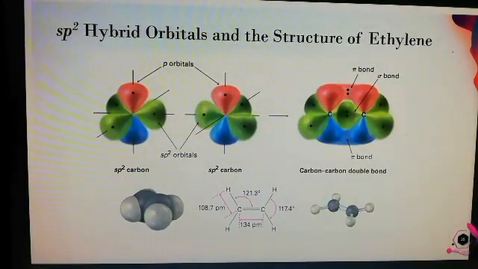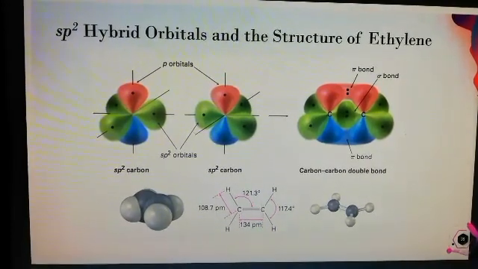So, the bonds we've seen in methane and ethane are called single bonds because they result from sharing of one electron pair between the bonded atoms. However, it was recognized nearly 150 years ago that carbon atoms can also form double bonds by sharing two electron pairs between atoms. So the hybrid orbitals involved in the double bonds are the sp2 hybrid orbitals.